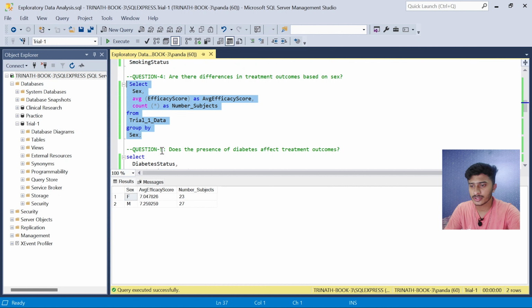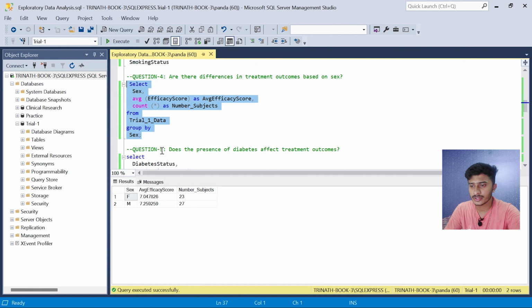After executing, we found that there are 23 females and 27 males, with an average efficacy score for males of 7.25, and for females 7.047.